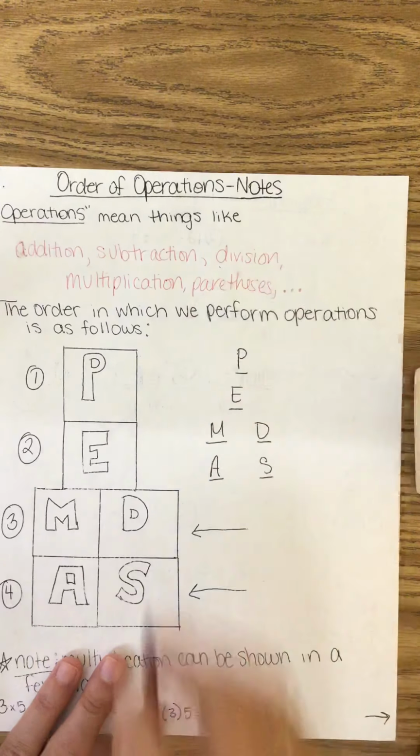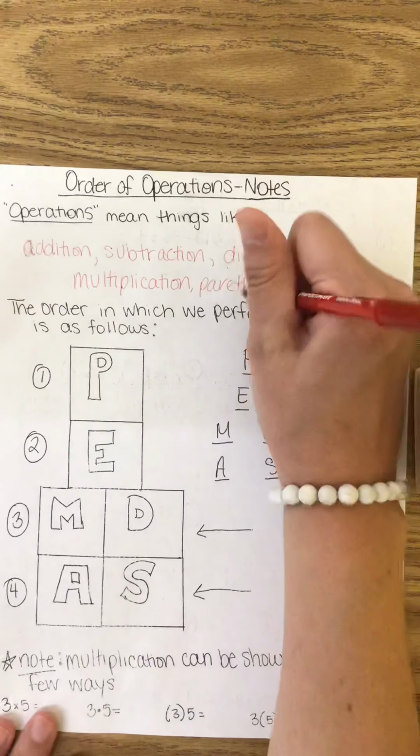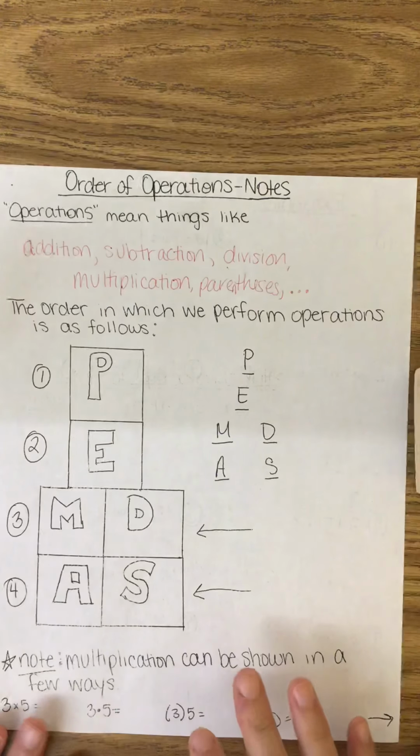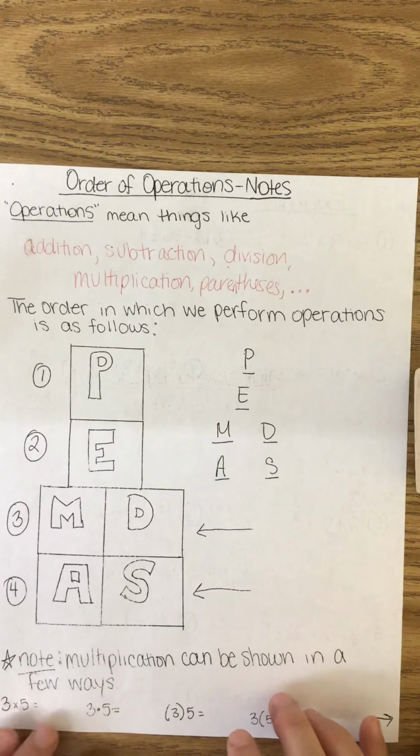It's things that are in our problems that are not, oops, I spelled parentheses wrong. Things that are in our expressions or equations that are not numbers.